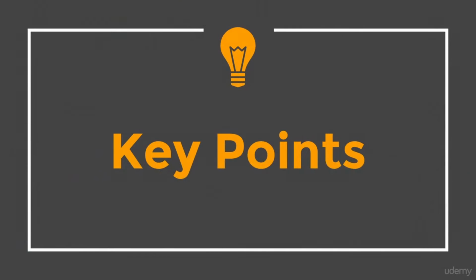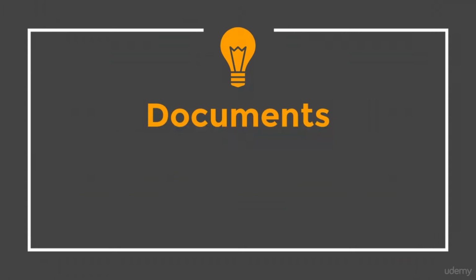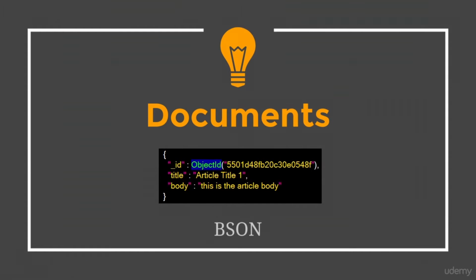There's a few key points to remember when dealing with MongoDB. Number one, instead of using tables as you would in SQL, we use documents. And these documents are structured in JSON, which is almost identical to the commonly used web language JSON.